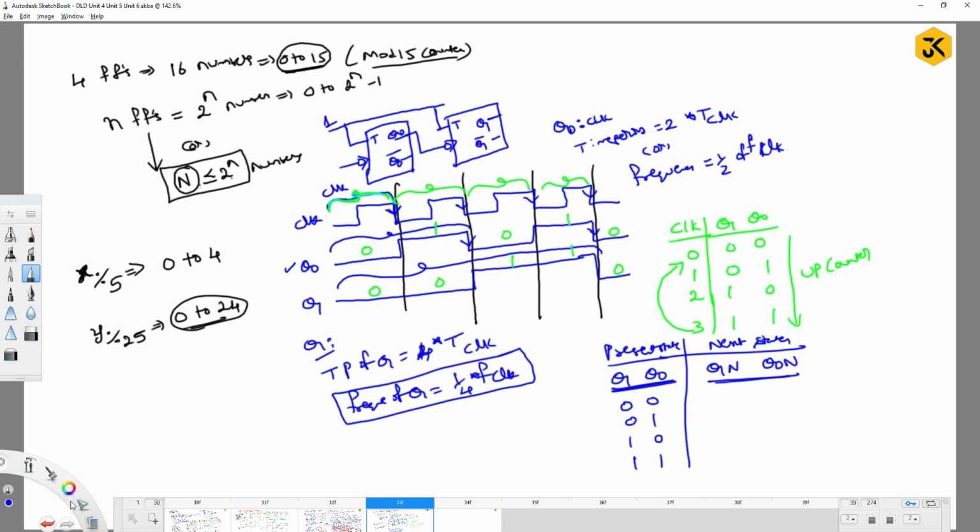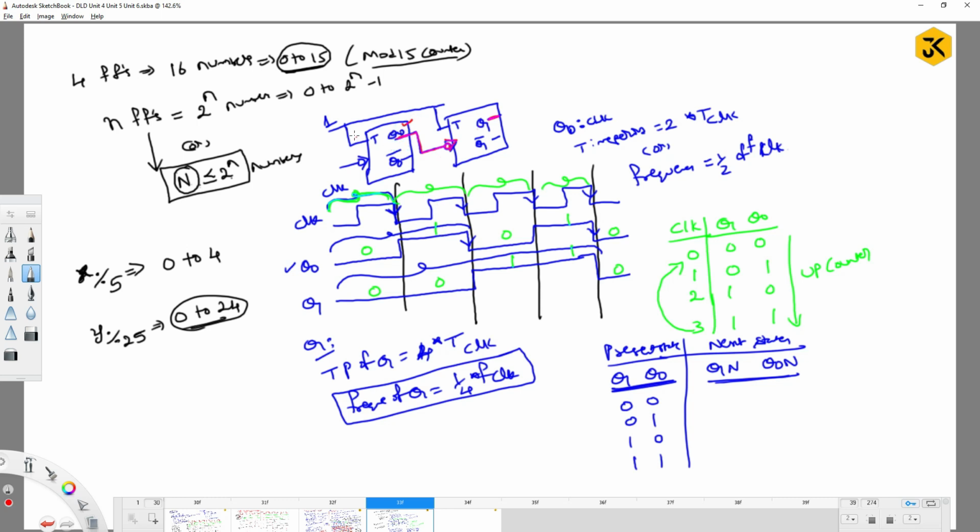How are we going to do this? You have to analyze this circuit and answer. So what is the Q1n value? Q1 means this value. You have to define that it depends on this particular signal. So first let us find out Q0n. What is Q0n?